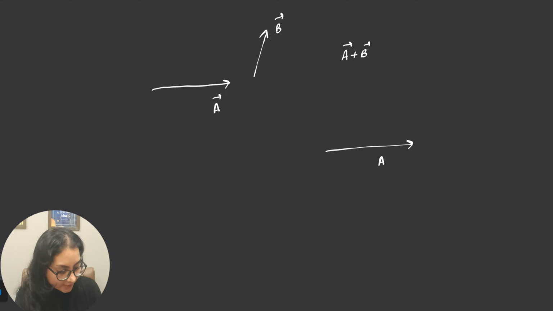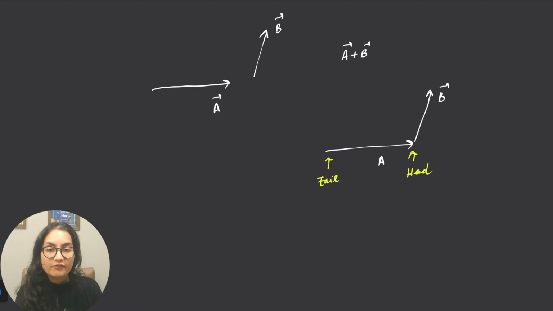What's the head of the A vector? This is the head of A vector, and this is the tail of A vector. So keep the B vector on the head of the A vector. The third side completing the triangle is called the addition or the resultant of A and B.